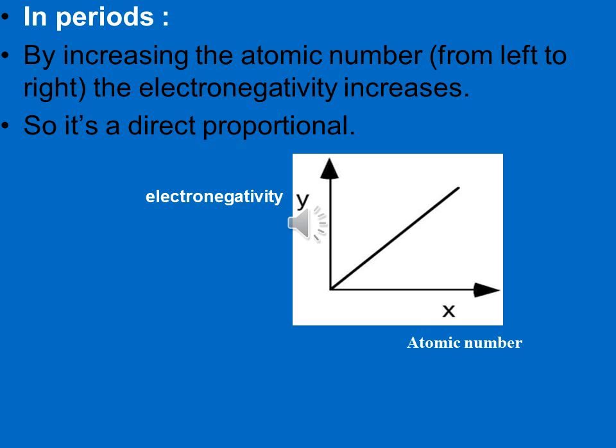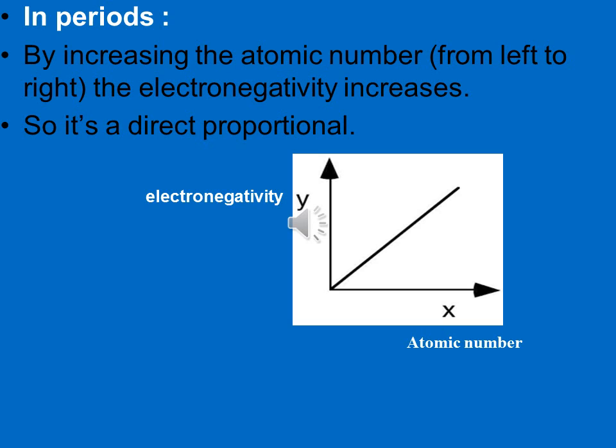So in periods, attraction force increases from left to right, so also electronegativity will be increasing, because electronegativity is the ability to attract, related to attraction. When the attraction increases, electronegativity increases.